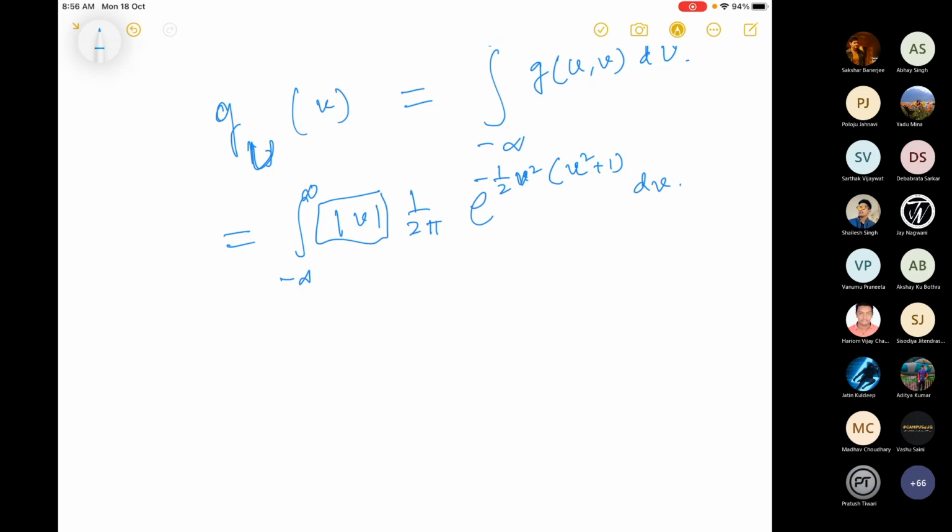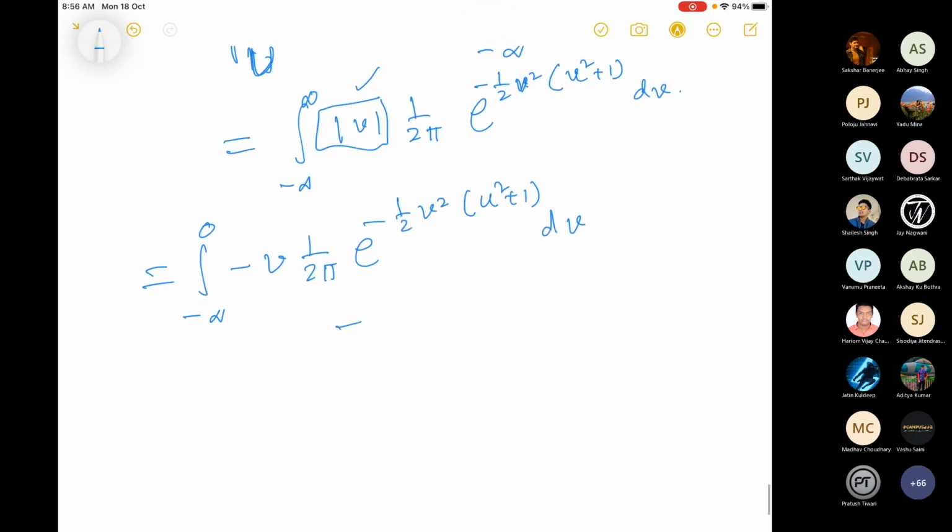So this mod v is equal to either minus v or plus v. This will be minus v when it is from minus infinity to 0, and it is v when it is from 0 to infinity. So from minus infinity to 0, it will be minus v, 1 by 2 pi e to the power minus half v square (u square plus 1) dv, plus from 0 to infinity, v, 1 by 2 pi e to the power minus half v square (u square plus 1) dv.